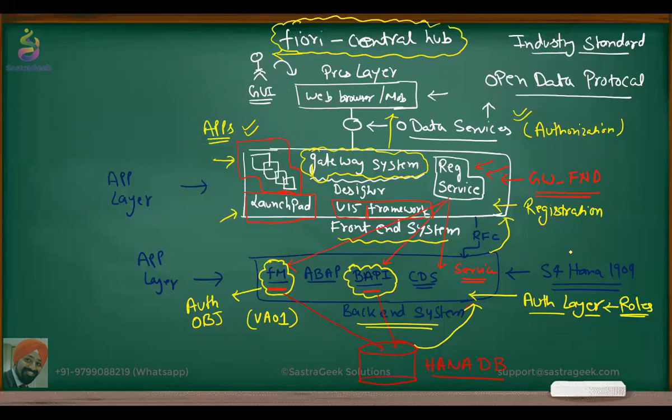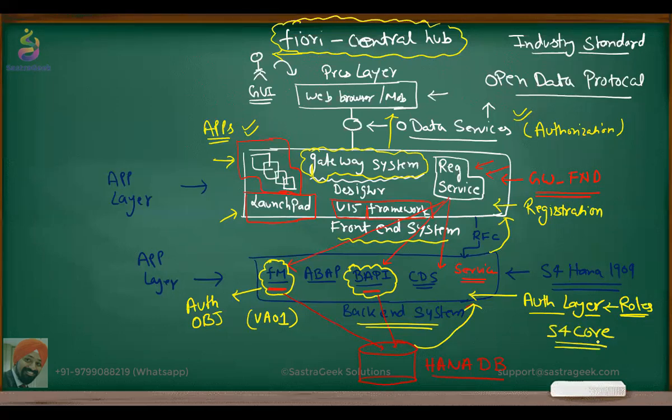So I will take a quick pause here to check if you guys have any question on this Fiori central hub architecture. What's this GWFND, Parminder? GWFND is basically the technical component. So here, if you remember, for S4 HANA, we said that the technical component for S4 HANA is S4 core.